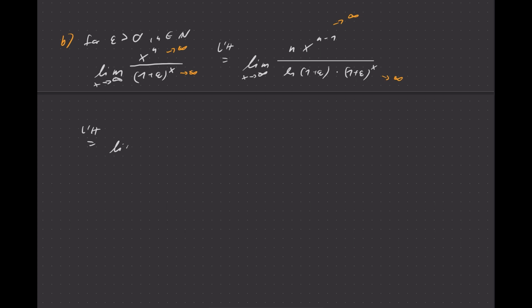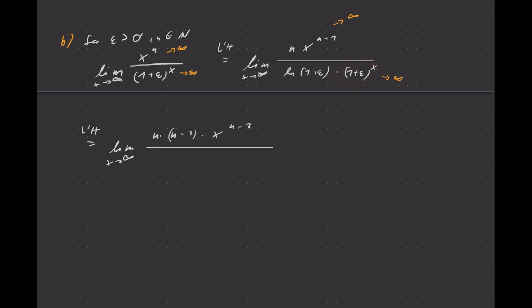And if you do that, what we get is the following. In the numerator, we obtain n times n minus 1 times x to the power of n minus 2. In the denominator, this is constant as far as x is concerned, so we only have to differentiate that. And we know how to do that.